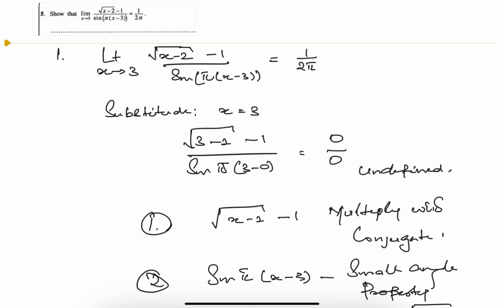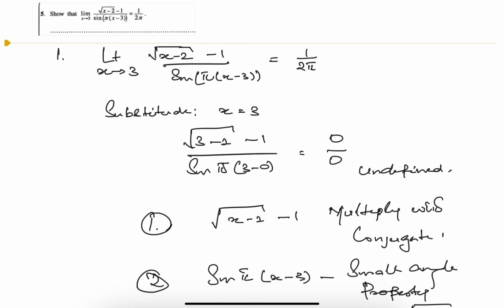Let's write that question again. Limit as x tends to 3 of (root of (x minus 2) minus 1) over sine of pi times (x minus 3). Let's substitute straight away without doing anything. Just substitute the value x equals 3. 3 minus 2 inside the root sign, minus 1, is 0.